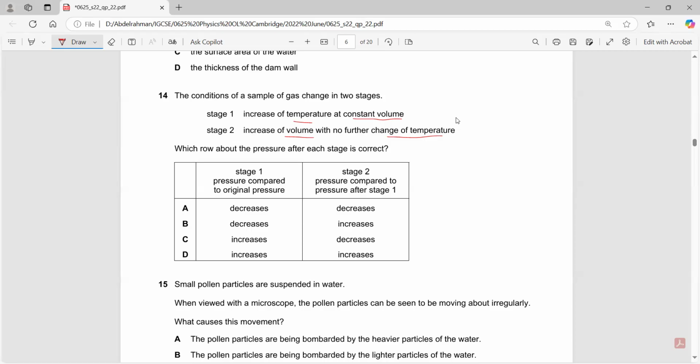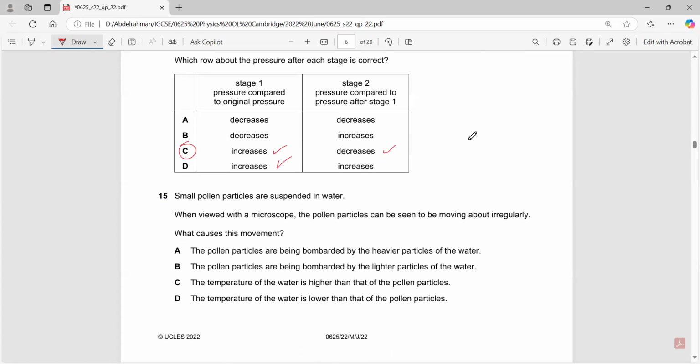Which row about the pressure after each stage is correct? Pressure in the first stage, does it increase or decrease or stay the same? I don't think we have stays the same. As you increase the temperature, the pressure increases. Yes. As you increase the volume, what happens to the pressure? It decreases. They are inversely proportional.